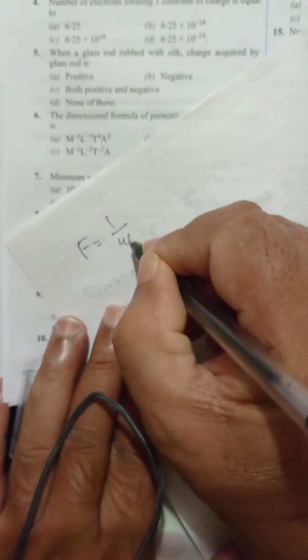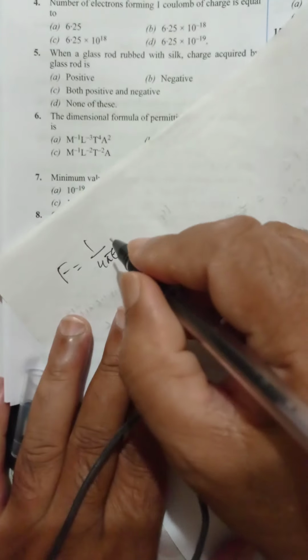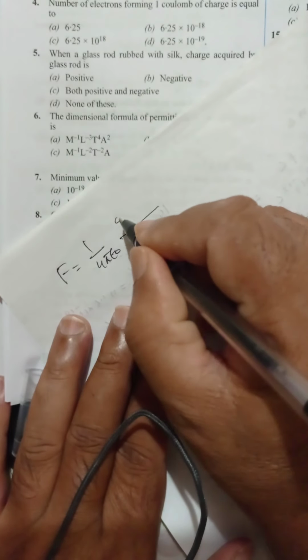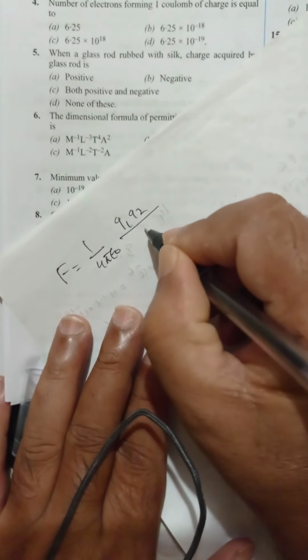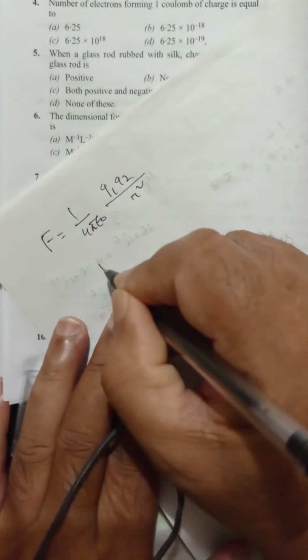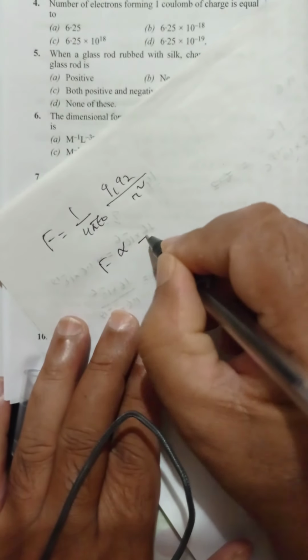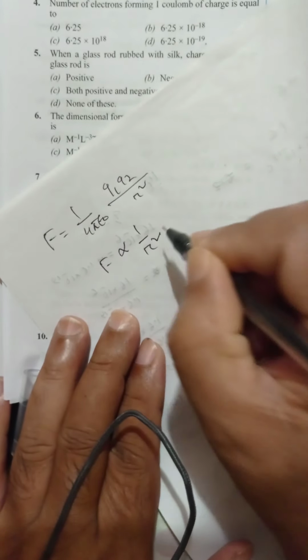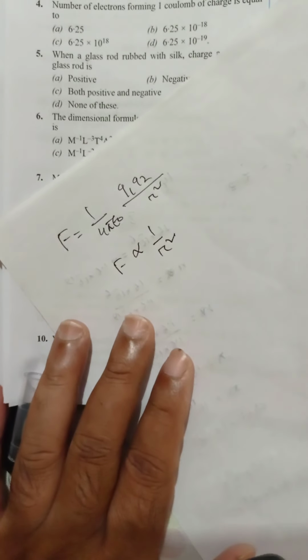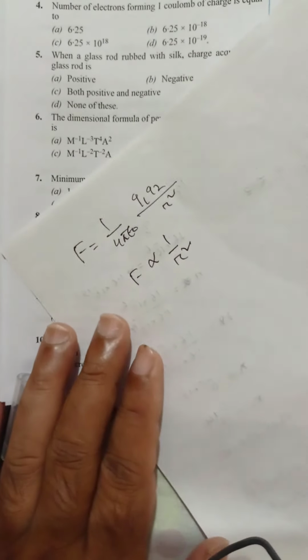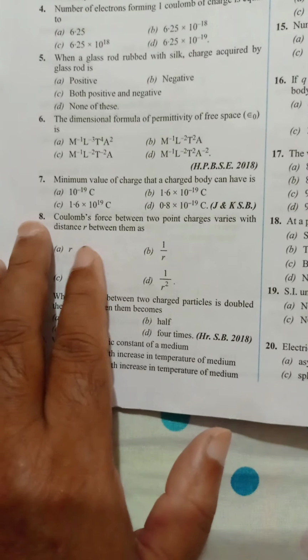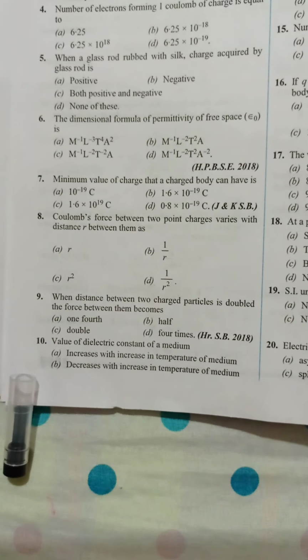Coulomb's law in SI system is written as 1 by 4 pi epsilon 0 Q1 Q2 by R square. Therefore, Coulomb's force varies with 1 by R square. This property is called the inverse square property. So therefore the correct choice is D.